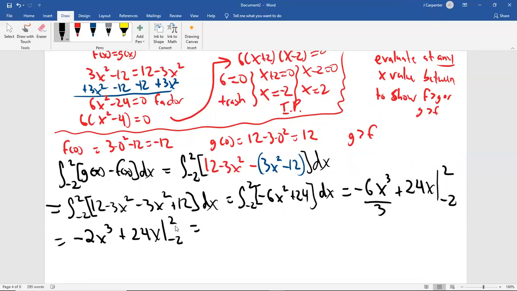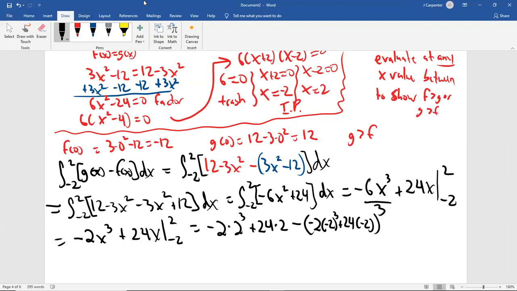Let's plug in the +2 first, so that's -2 times 2 cubed plus 24 times 2, minus lower limit, so parentheses, -2 times parentheses -2 cubed plus 24 times -2.